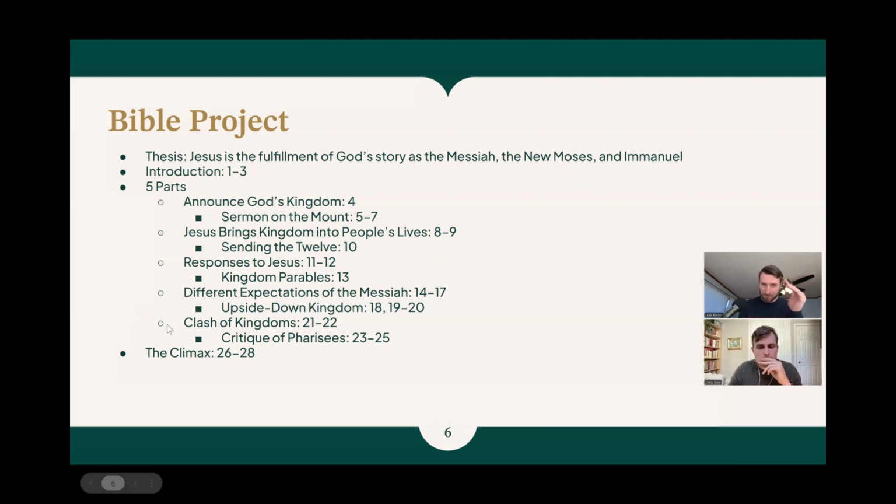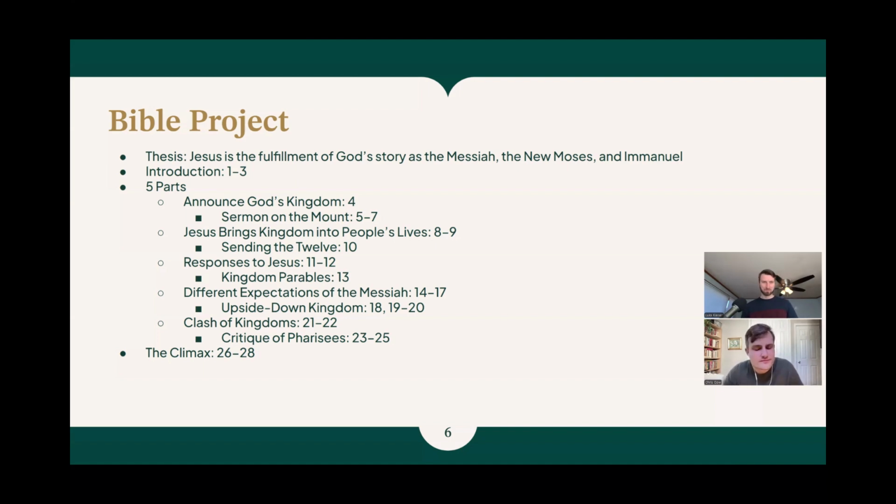And then in the middle, they say there is a five-part structure that has narrative for a chapter or so, and then has a discourse. I've listed out the chapters there that they noted. Within each part, you get a narrative, stories, and then teaching from Jesus in each of the five parts.